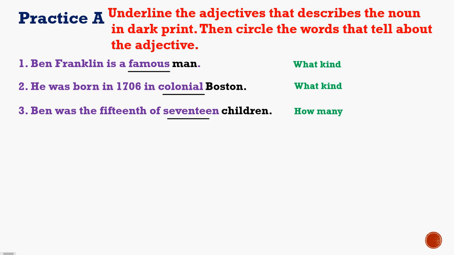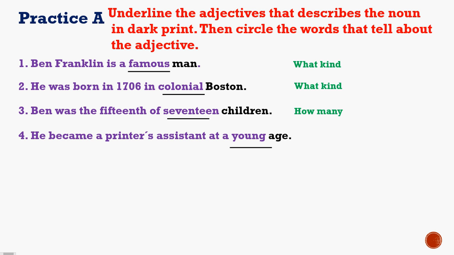Aquí estamos hablando de números. 17. So it's how many. Number 4. He became a printer's assistant at a young age. The adjective is young, and it's what kind or how many? Good job.